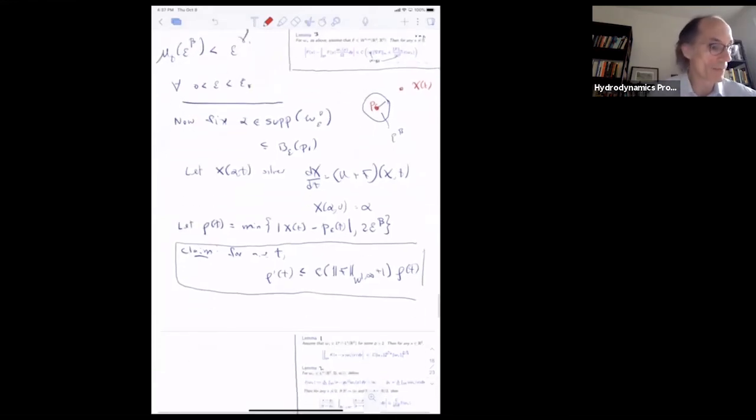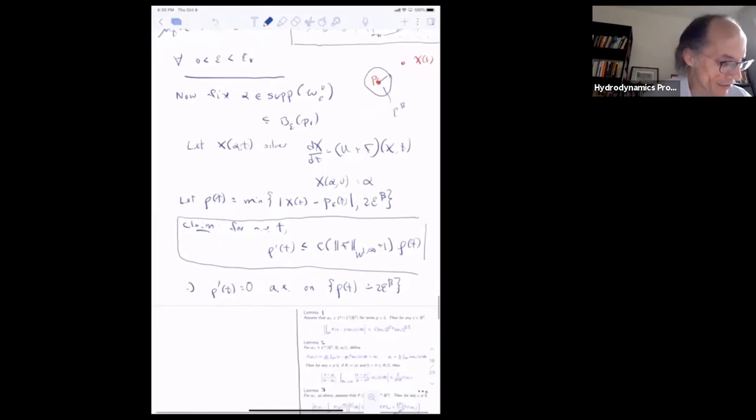Note that rho prime of t is 0 almost everywhere on the set where rho of t is equal to epsilon to the beta, its minimum, or 2 epsilon to the beta. Right, and so if this happens on a set of positive measure, then rho prime of t vanishes on that set. Okay, that's the basic analysis.